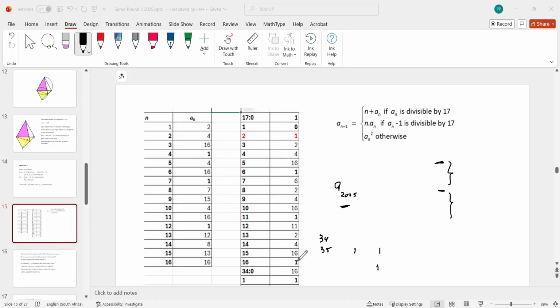So the next term is n plus an. So it will be 1 plus 1, which is 2. See? So the 35th term is, actually the 36th term is 2, 1. This is the 35th term. 36th term is 2, 1.